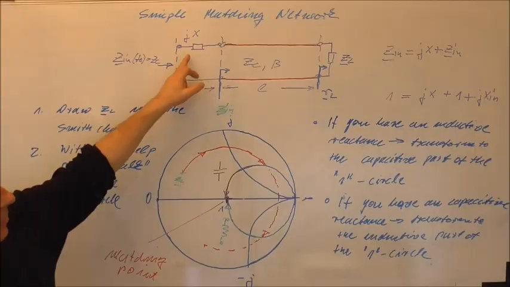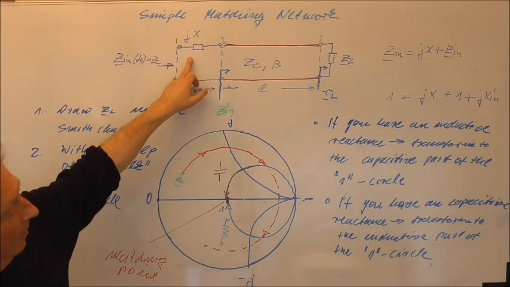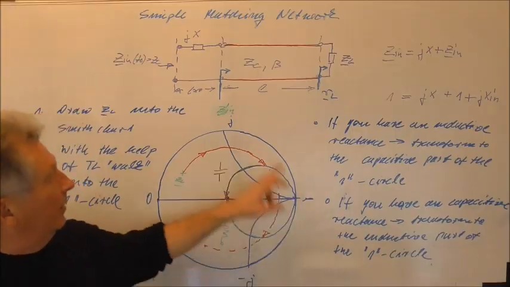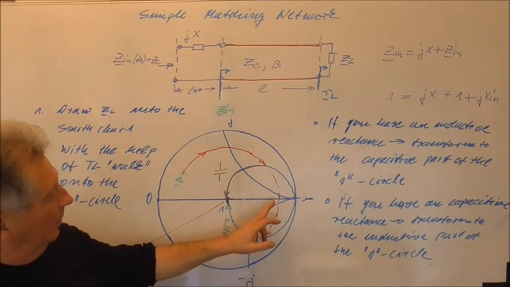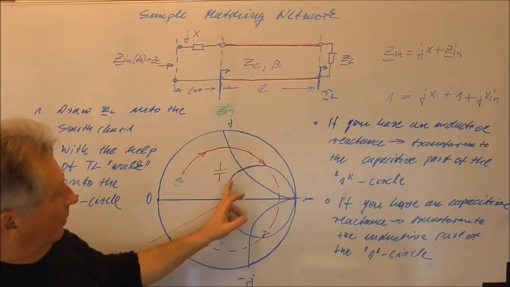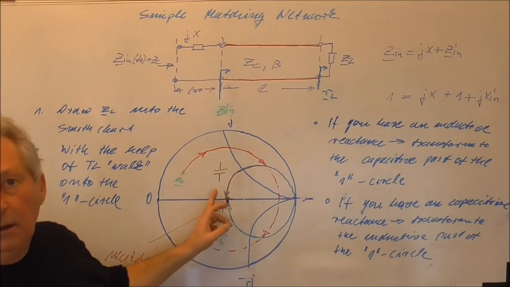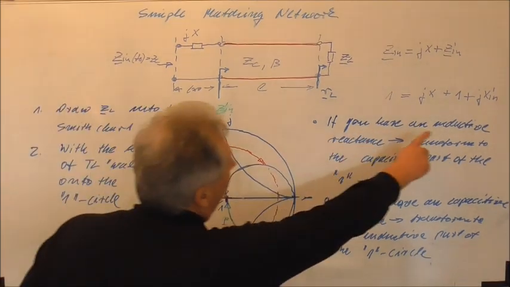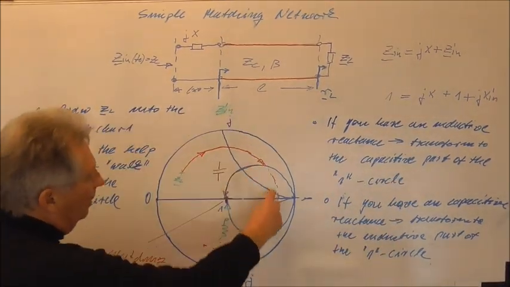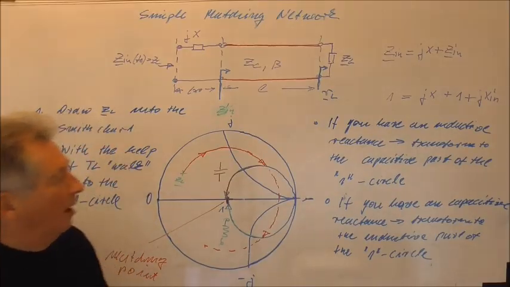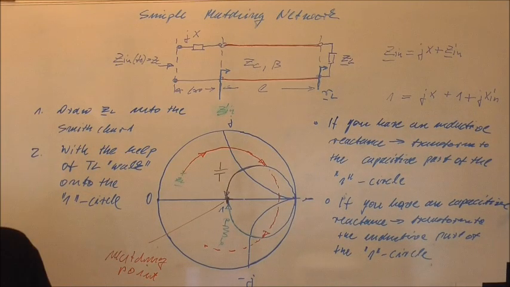And if you have a capacitive reactance, then you must transform to the inductive part of the one circle. Here in the upper plane we have the inductive part of the one circle, and if you have an inductive reactance, then you must transform to the capacitive part of the one circle.